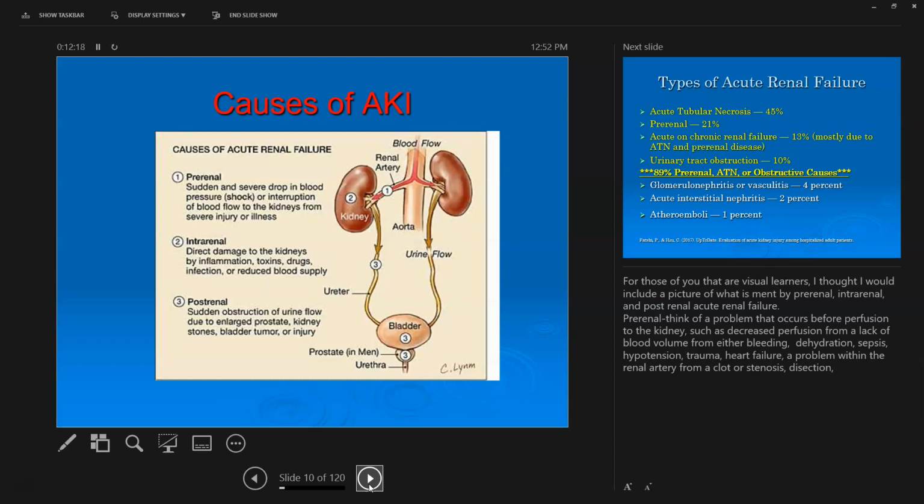So that's another cause of obstructive renal failure. Sometimes people can throw clots, and it just so happens to be in the ureter or renal artery. I'll write down BPH there for the prostate.